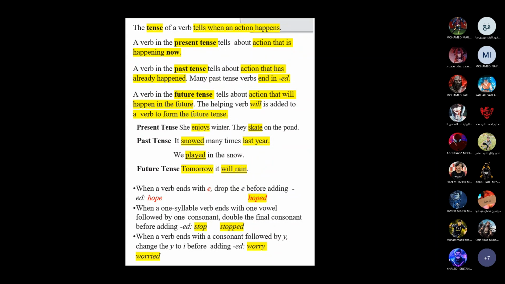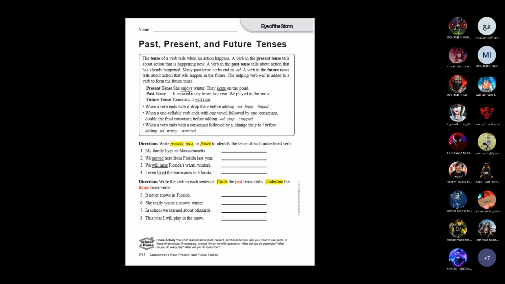Okay, so now solve page 214, guys, and send it.